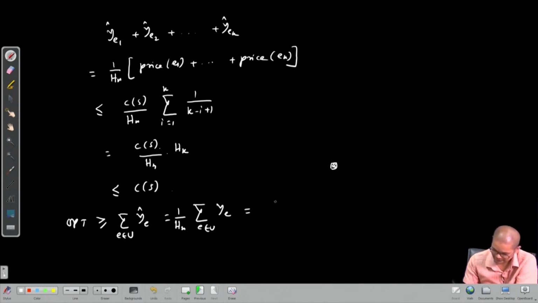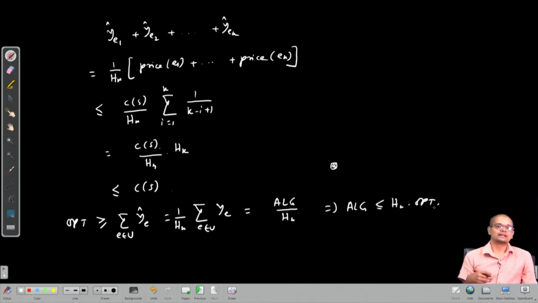So, this is ALG. So, together we have ALG is less than or equal to Hn times OPT. Hence, it is an Hn factor approximation. It has an Hn factor approximation algorithm.